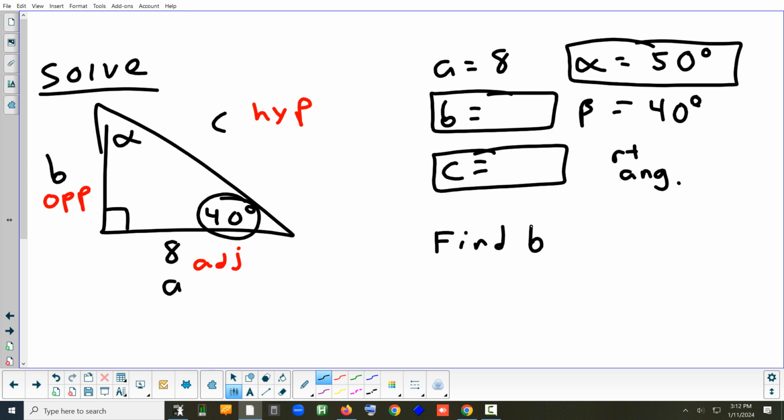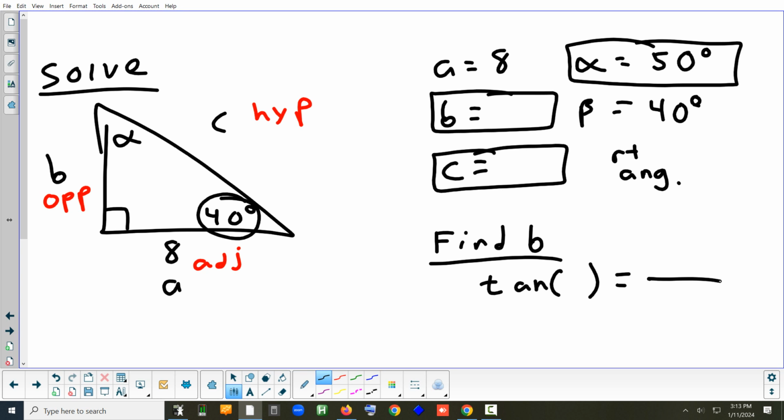Right, so find B. What side is B? It's the opposite. And what's the side that we know? Adjacent. So what trig function has opposite and adjacent? Tangent. So we can set up tangent equals, and now we got to fill in the 3 things.